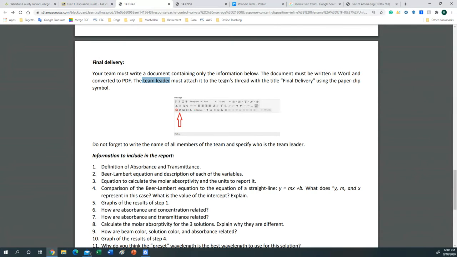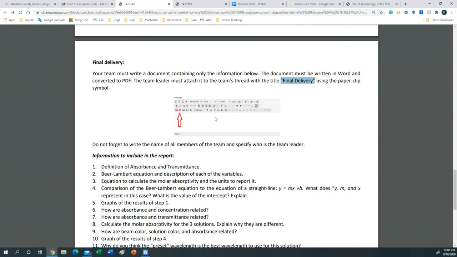So you have to attach this to the team's thread, and I'm going to explain this in a sec. You have to add the subject, final delivery, and then either using that paper clip there, or I'm going to show you in a second that you have a way to attach documents to this specific message, right?